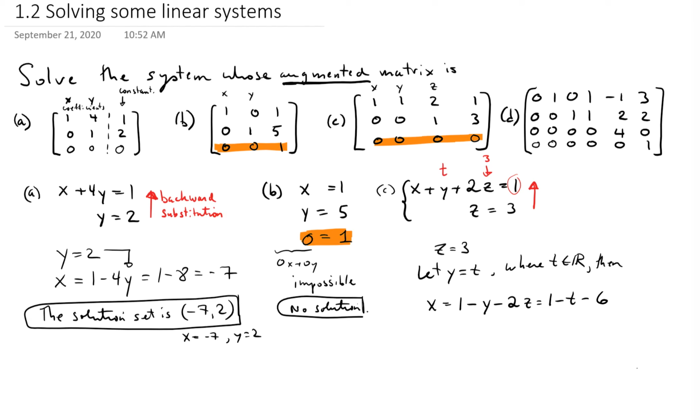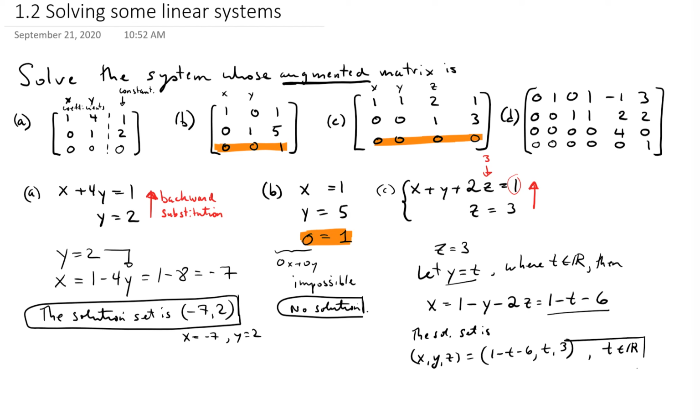So that's why my solution set has only one parameter, 1 degree of freedom, essentially. So the solution set is, what is it? Well, I can write it like that. X, Y, Z is 1 minus t minus 6, Y is t, and Z is 3, like that, where t is my favorite real number. So that's kind of our answer. And let's take a deeper look at this.